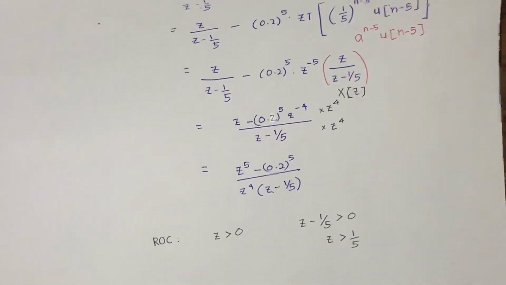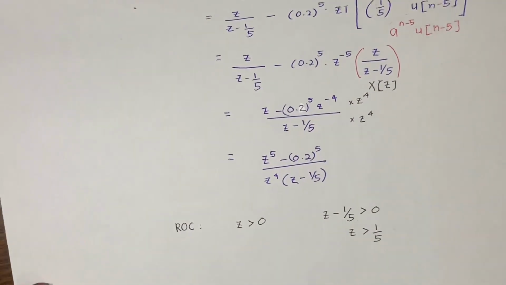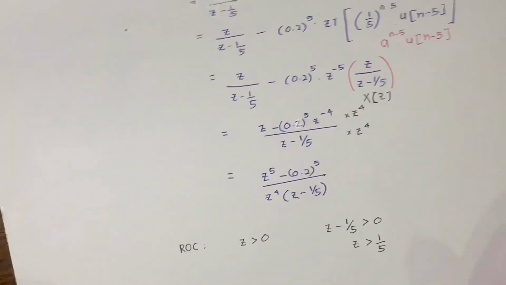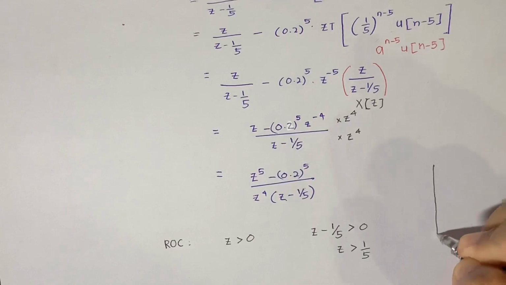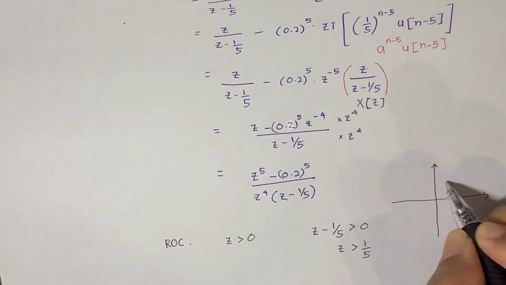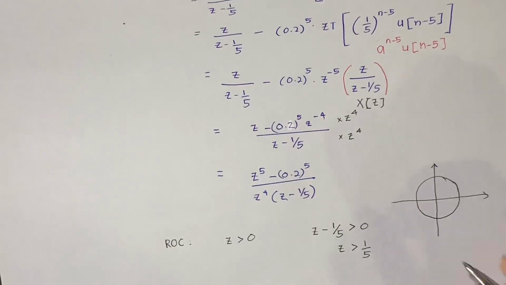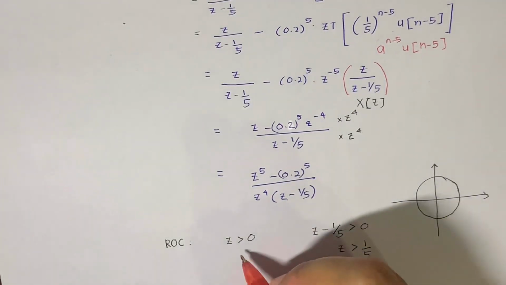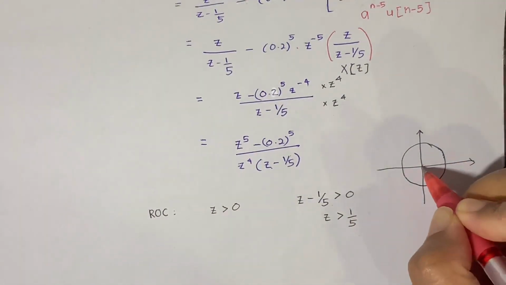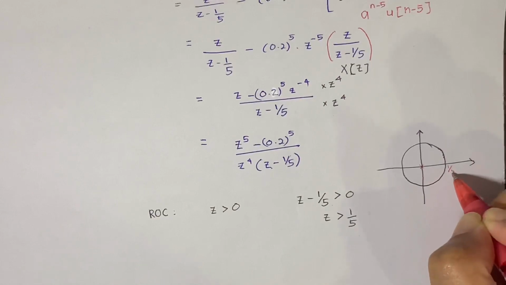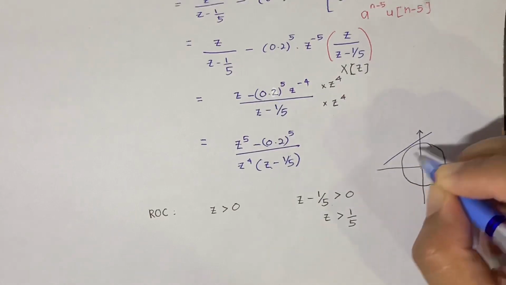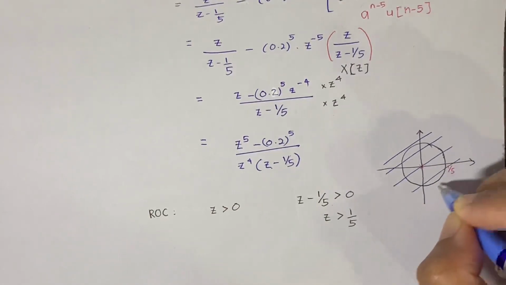How to draw it? Between these two ROCs, we need to draw the Z plane. We have the Z plane like this. Make a circle here. First, Z bigger than 0. We have 0 here and 1 over 5. So when Z equal to 0, the region of convergence is the whole Z plane.